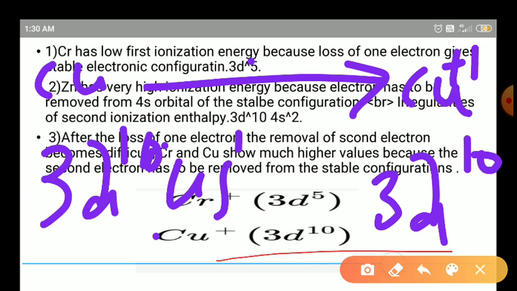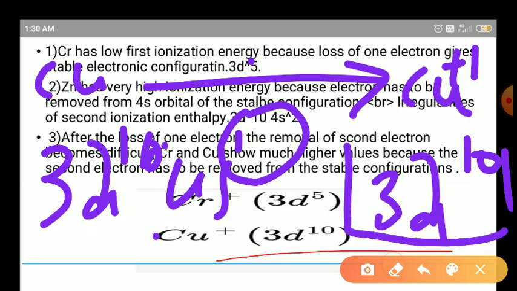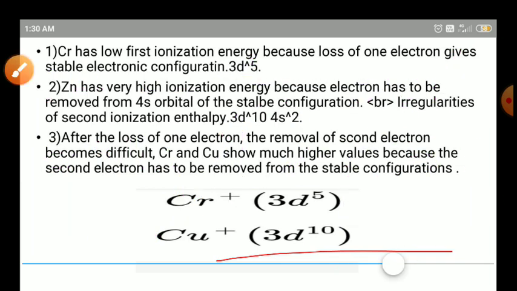It more easily releases the electron from the s orbital and easily stabilizes itself as 3d10. Now are these three points clear, students? The first ionization enthalpy along the period has these exceptional cases.